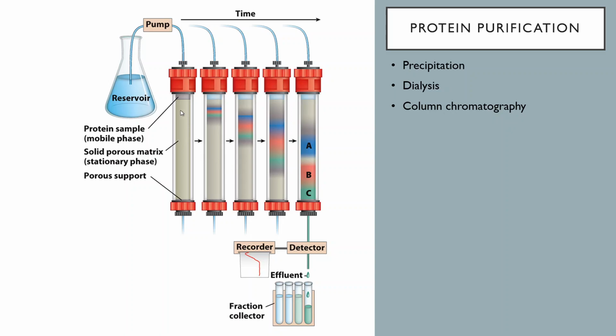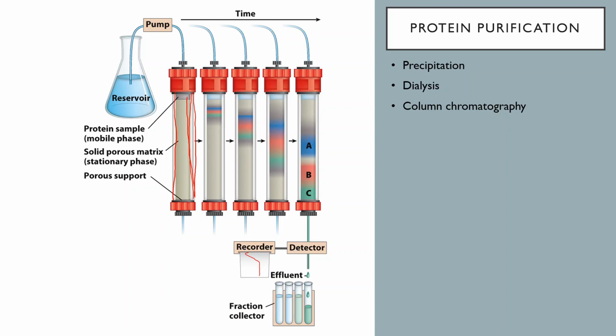This is your column here, and it's just a big glass or plastic tube filled with some sort of resin, what's called the stationary phase, and usually it's little beads of silica. There are other things you can use in columns.